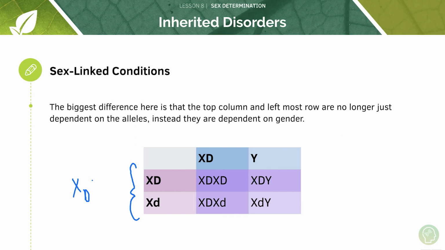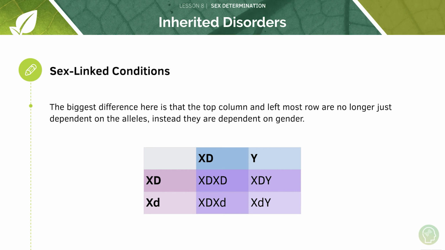So we know we have a heterozygous female here because the XX tells us that she's a female, and we know she's heterozygous because she has one of the dominant alleles and one of the recessive. Okay, so that's why we're calling this a heterozygous female, but this a homozygous male.